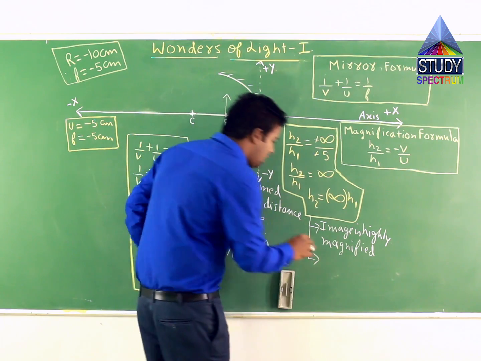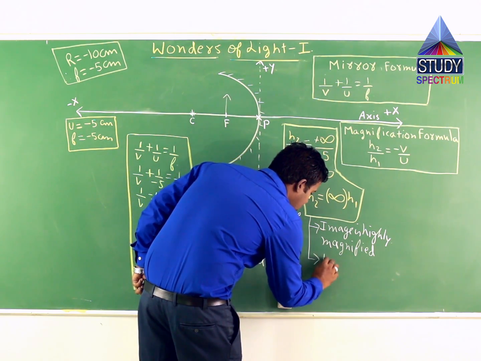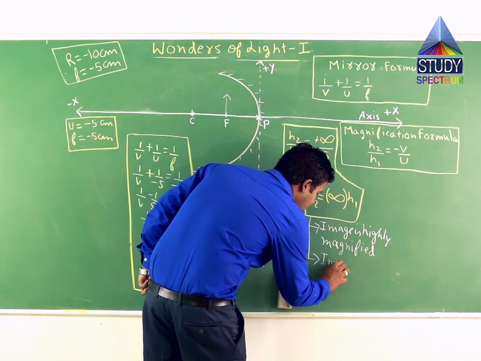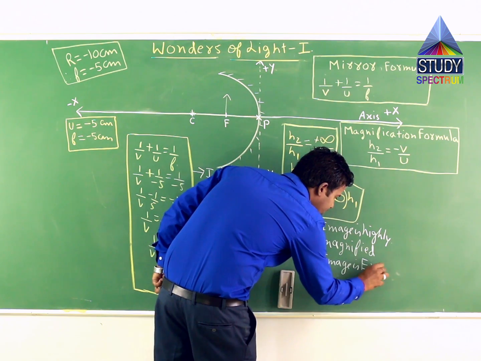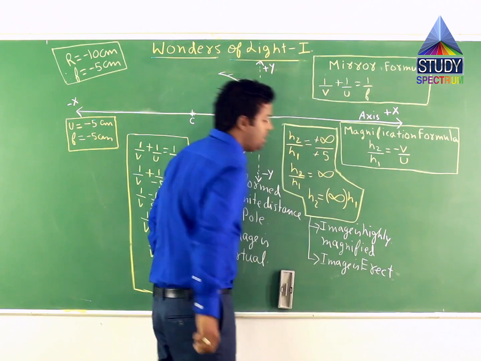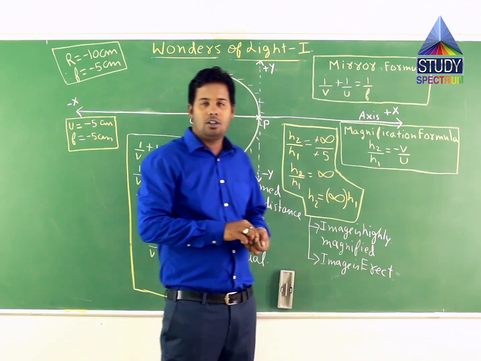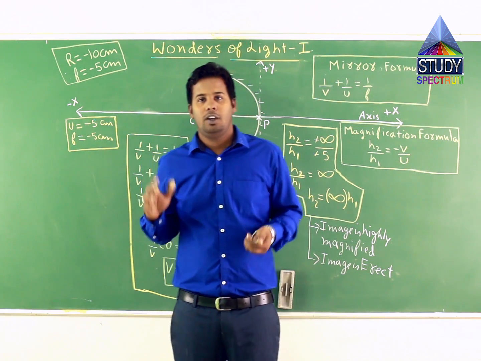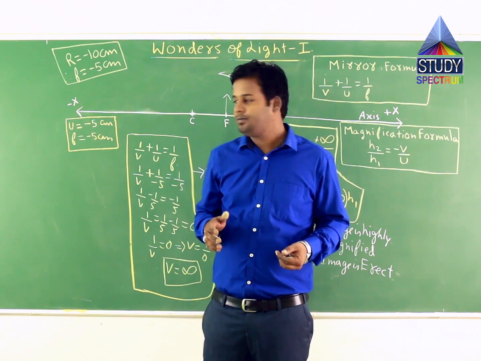Correct? So here we can write it as image is erect. Image is erect. So finally we have found the 4 results for this particular case when the object is placed at focus point in front of a concave mirror.